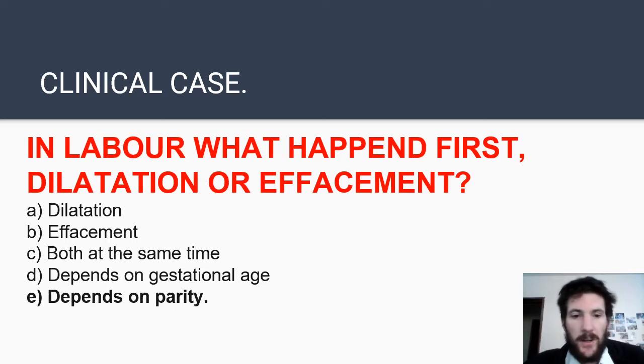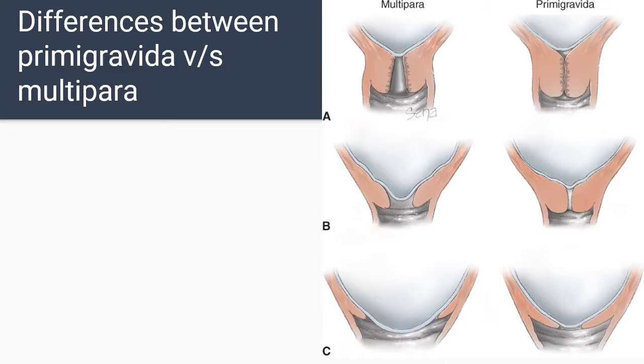Well, the correct answer here is that it depends on parity. Why does this depend on parity? Because of a very simple reason. The primigravida has a long cervix and a baby has never passed through the cervix. So the os is puntiform.